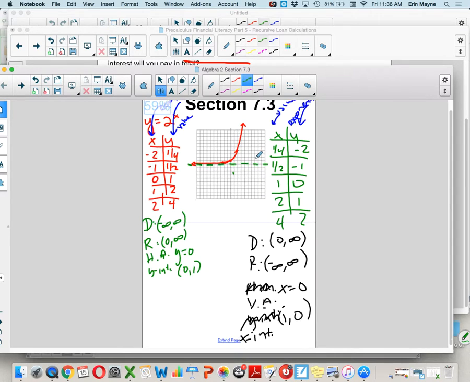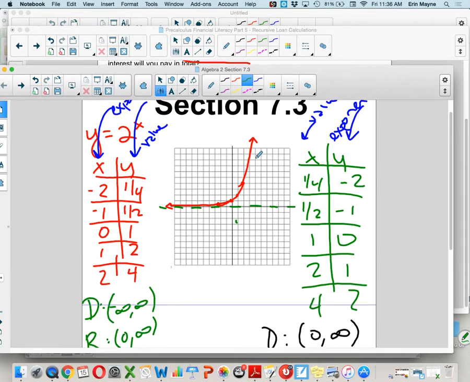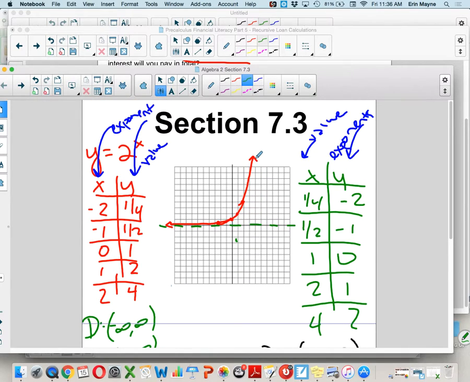As you plot the points, I want to go back to what Ethan said a second ago. What do you instantly notice? You should see the reflection about the line y equals x.